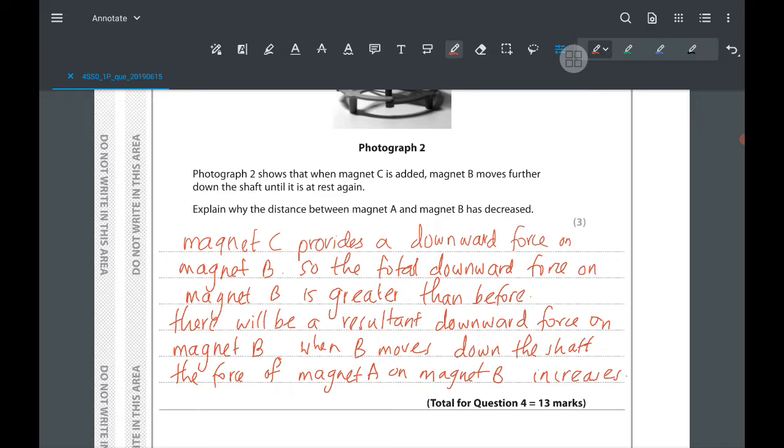There will be a resultant downward force on magnet B. Due to that, it will move down. When B moves down, the force of magnet A on magnet B increases.